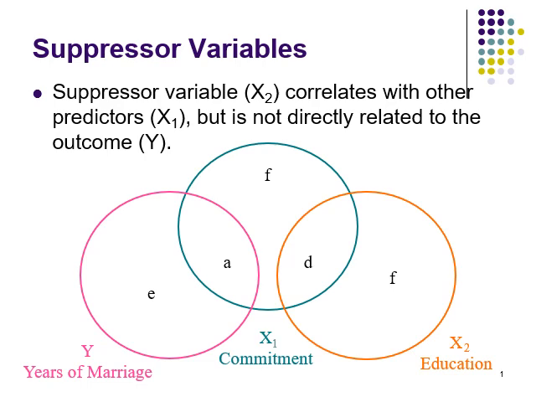As we create a more and more complex model, the goal of multiple regression is to account for as much variance as possible. So it is always going to err on the side of overestimating variance explained rather than underestimating. And that can effectively drag the orange circle and the pink circle onto each other as the model gets more and more complex.